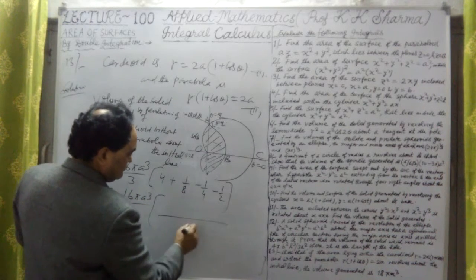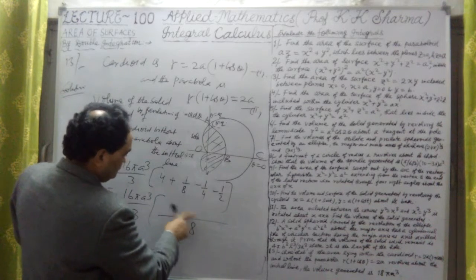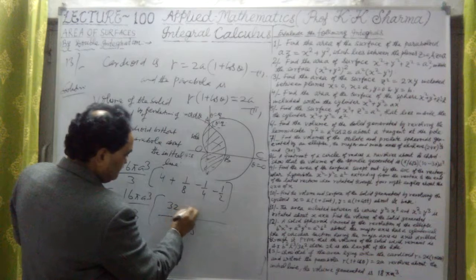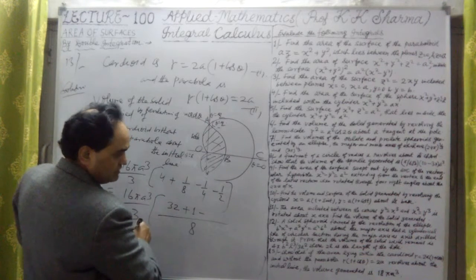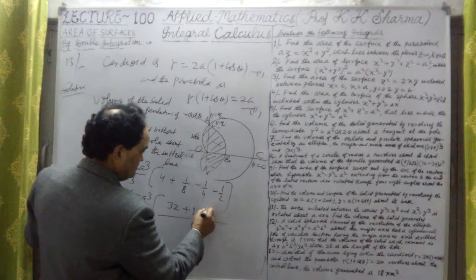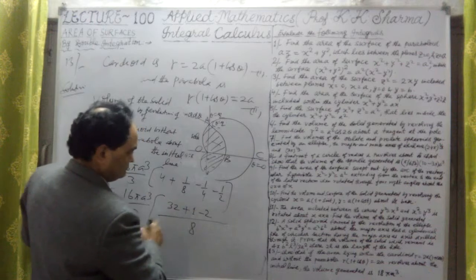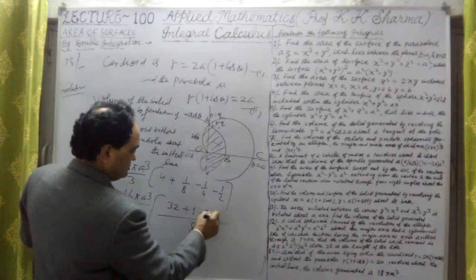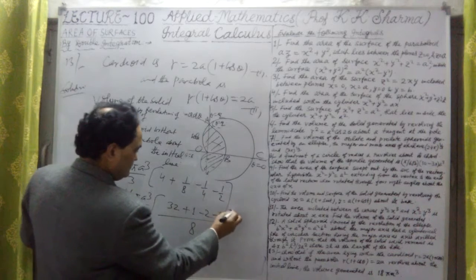Let me take 8 as the common LCM. If I take 8 as the LCM, for the 4 it is 32, plus 1, minus 4 for the 1/4, which is 2, and minus 4 for the 1/2.